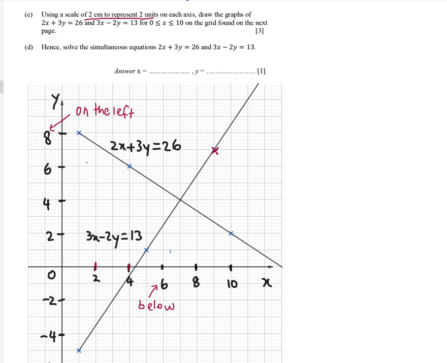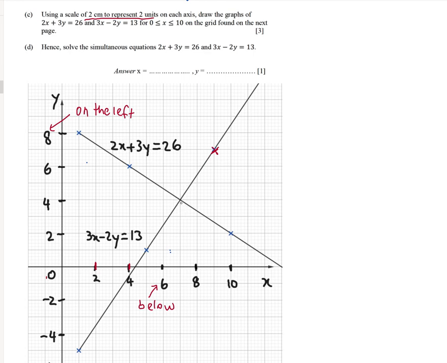So 2 cm representing 2 units for both the x and the y axis. Sometimes some students will forget to put the zero origin. And we must also label the y and the x-axis with the arrowheads. So when a graph is properly labeled, then you will get full marks.